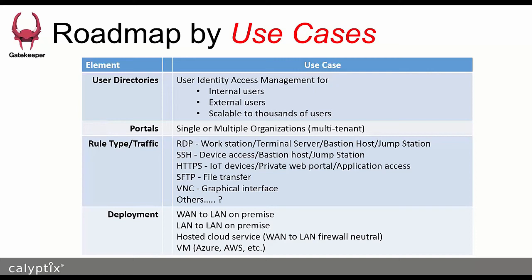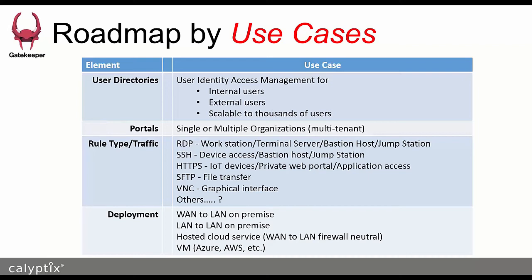And then you can map, and this comes from our support team, it's really important, the rule type or traffic type is what maps the technical capabilities to a use case. So like an RDP scenario to a workstation or terminal server. But in the enterprise world, they want to go to a bastion host or a jump station. The same with SSH, right?